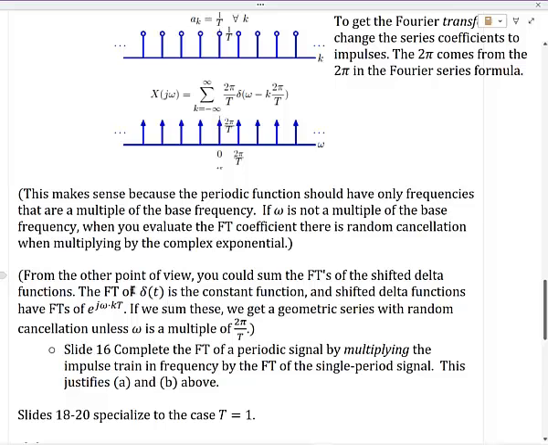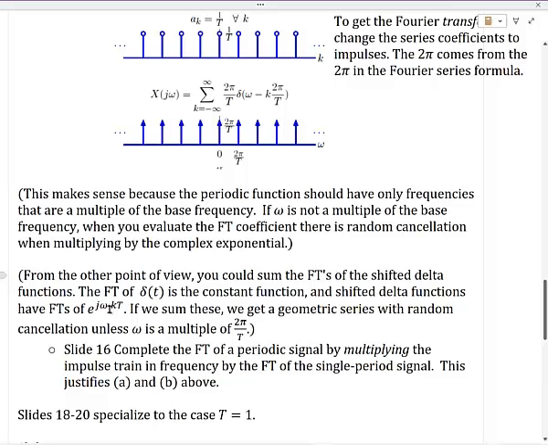So that means that the Fourier transform of delta is 1, and then if you shift a function, that multiplies the Fourier transform by e to the j omega. Right? So if I shift by k times T, I'm going to multiply this 1 by e to the j omega kT. Now, if you sum this up for any value of omega, you're going to get a geometric series.